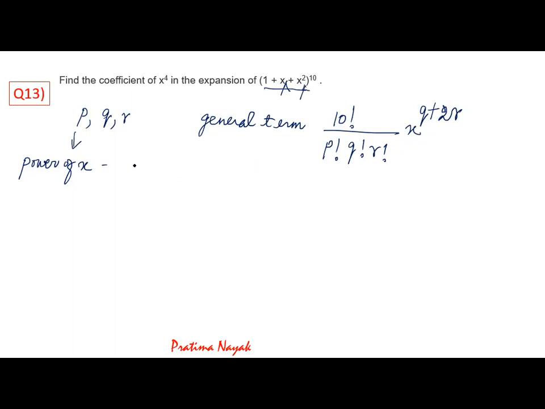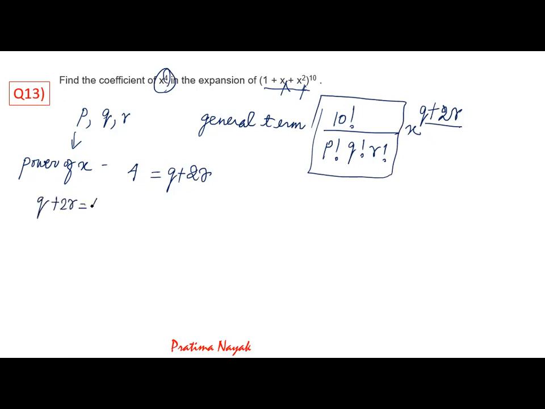Now, when I want the fourth term, so 4 is equal to q plus 2r. So I need this one. Now, how to find? First, I'm making q plus 2r equal to 4. So what are the options for q and r?